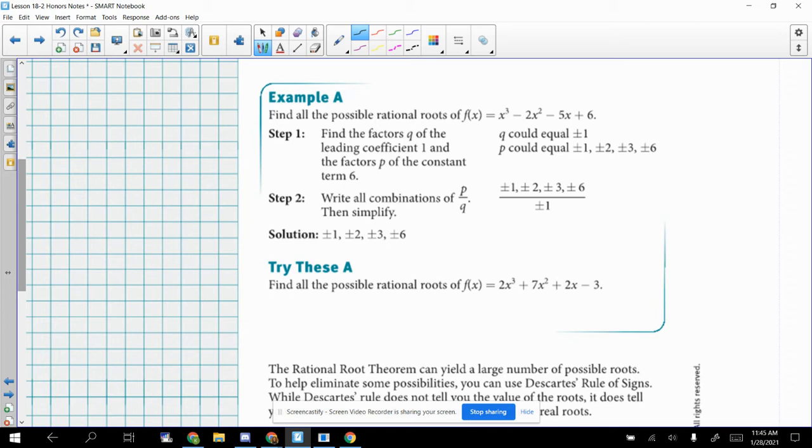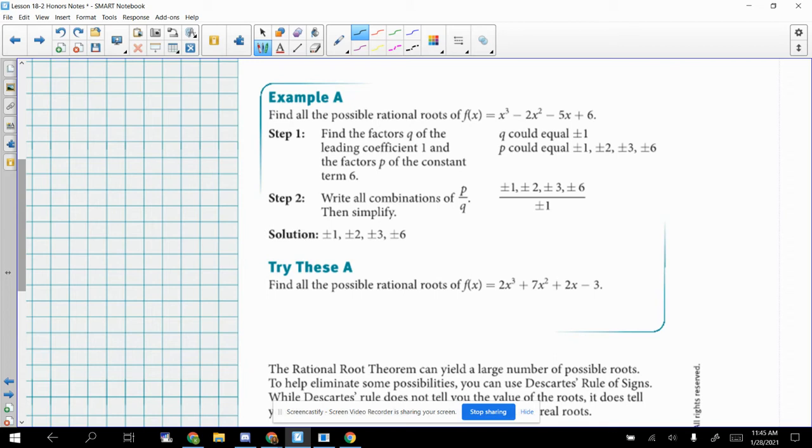So they found Q first, actually, in this one, which is the leading coefficient, which is 1. So really the only factors of 1 are 1. So they wrote plus or minus 1. Then the factors of P, the constant, 6. Well, with 6, you have plus or minus 1, plus or minus 2, plus or minus 3, and plus or minus 6.